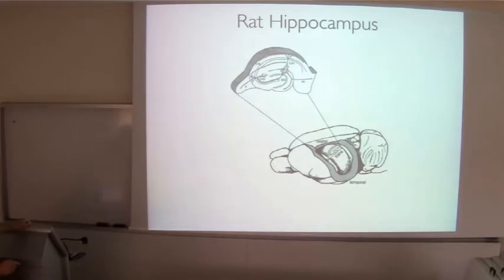So for example, people are doing this, I don't know if you heard last year's talk by Yaniv Ziv, who came here. What people can do today is remove a piece of cortex and put a lens through the cortex, and then do imaging of the CA1 pyramidal neurons in the hippocampus.